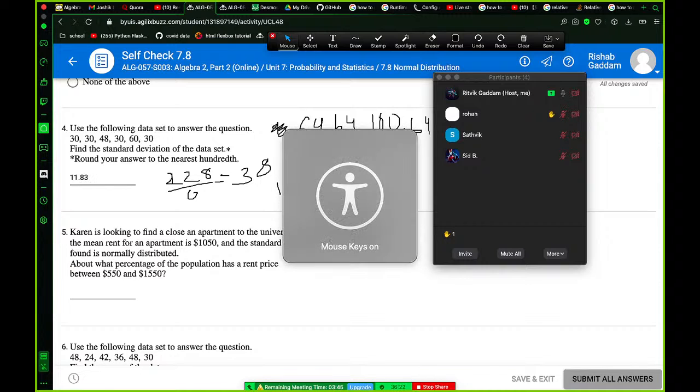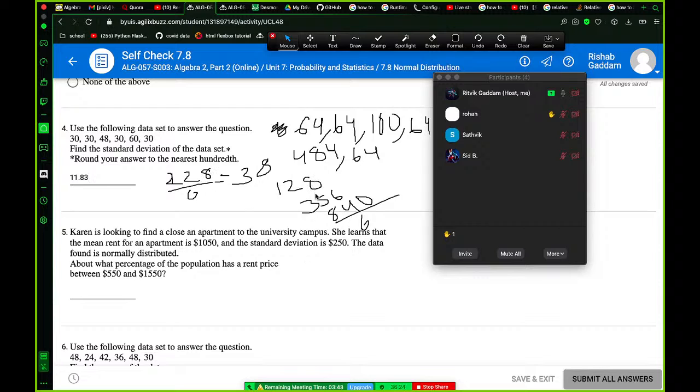So you found the mean first, which was 38, good job, and then you found the difference between them and squared them, and then you added those all up. You can just do 64 times 4, which is 256, and then add 10 for 856, and then 256 plus 44 is just 840.